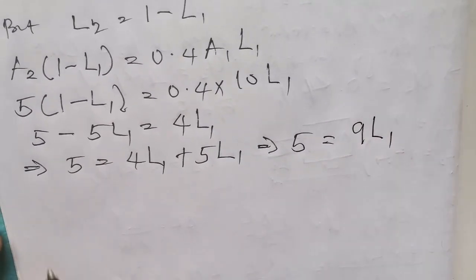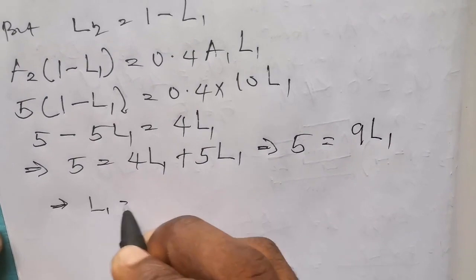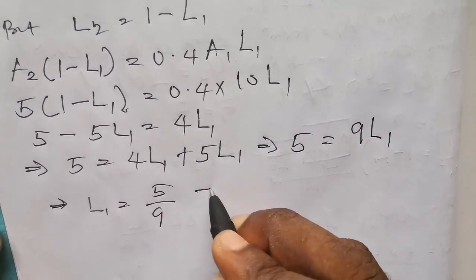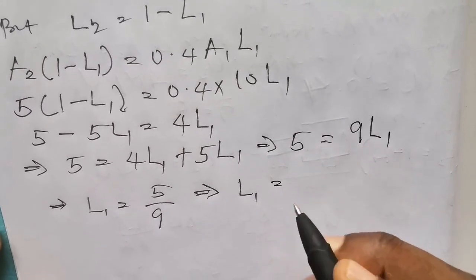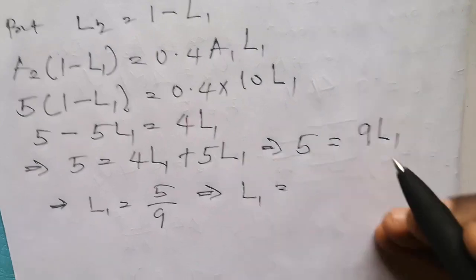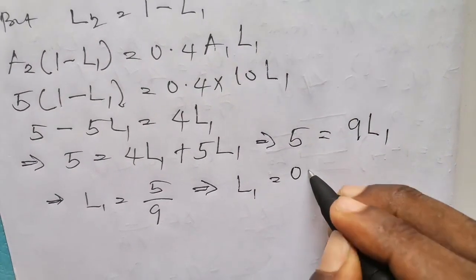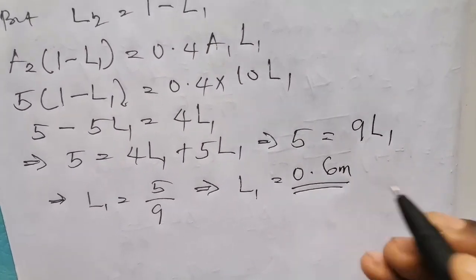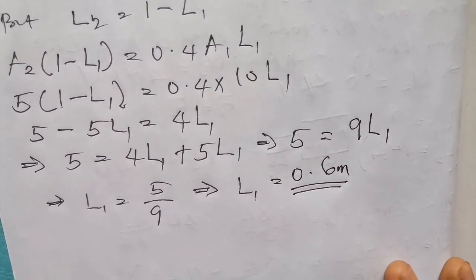Hence, to find the first length, L1 is equal to 5 over 9. So length 1 is 5 divided by 9, which gives us 0.56, or approximately 0.6 meters. So the length of the first portion is 0.6.